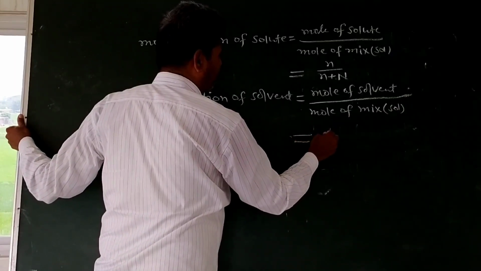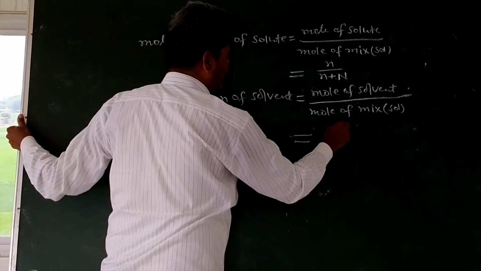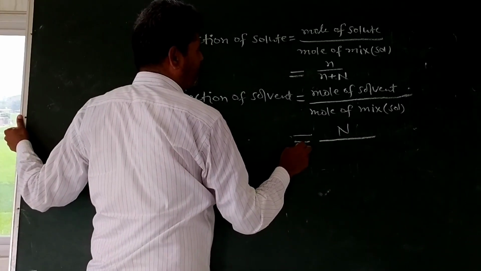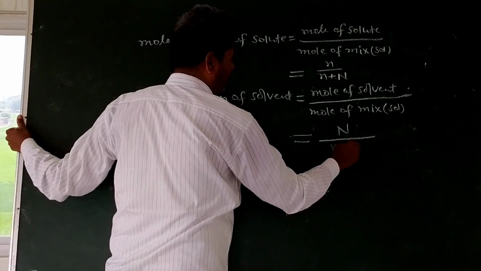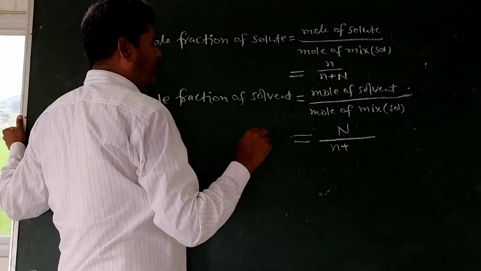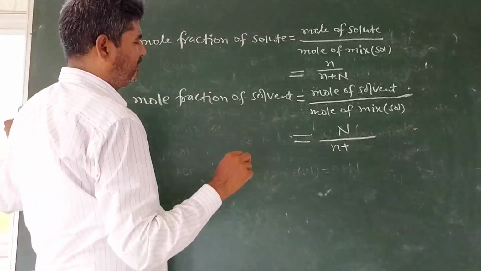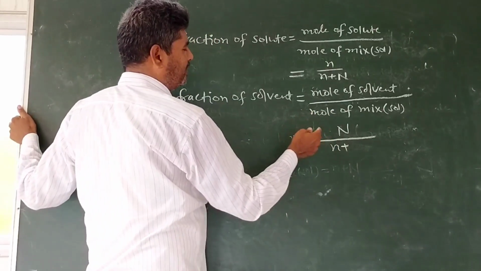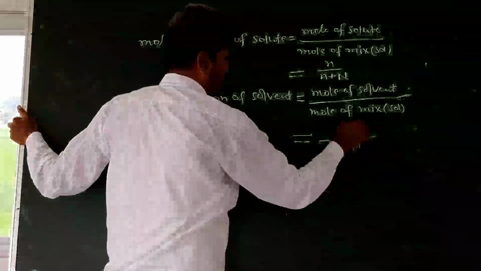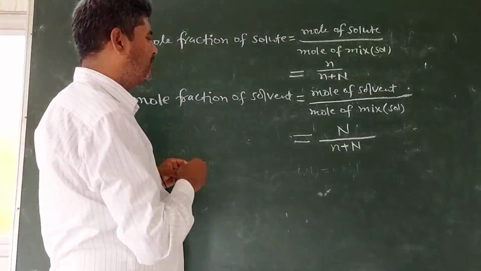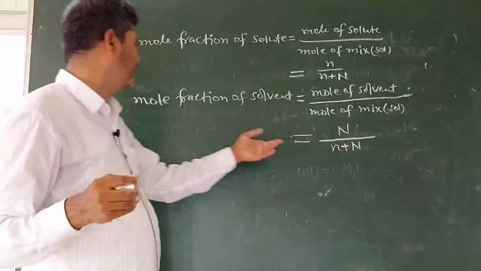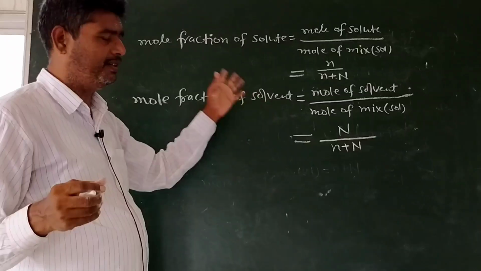The mole number of solvent is considered as capital N, and mole number of mixture or solution is equal to the sum of the mole number of solute and solvent. The mole number of mixture or solution is equal to n plus N. So when capital N is divided by n plus N, we will get mole fraction of the solvent.